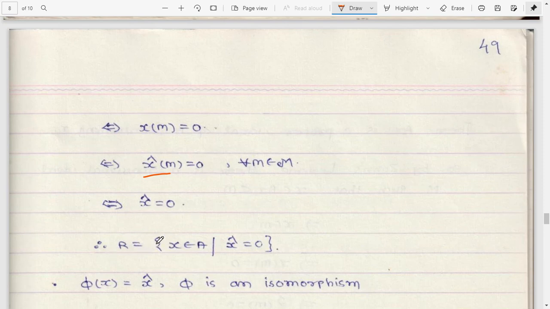So R is equal to the set of x belongs to A such that x cap is equal to 0.